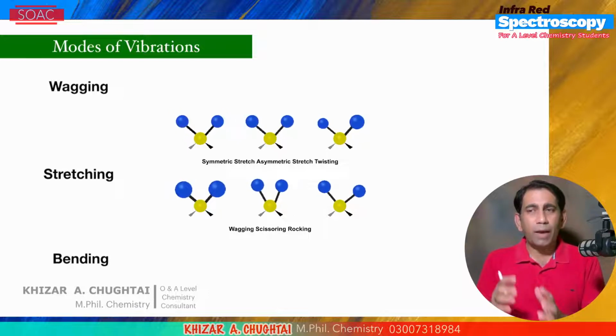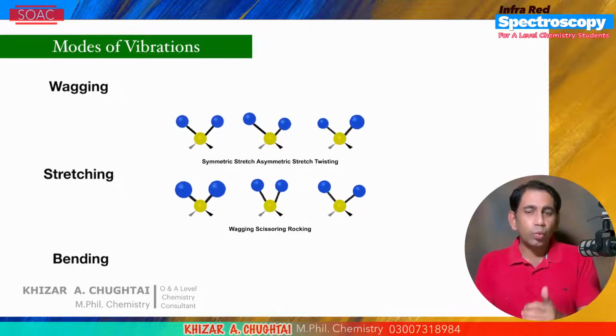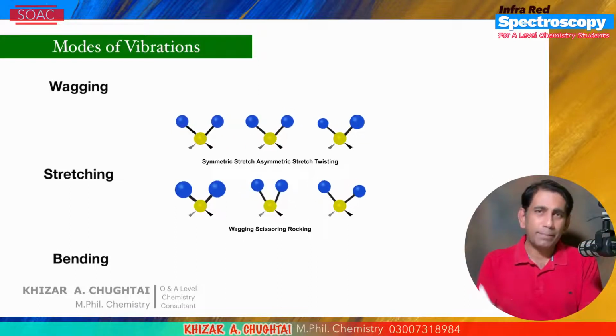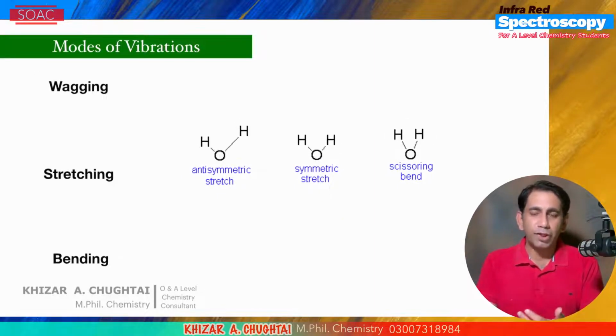So what is the basic function? When they are allowed to react with chemical bonds, they hit the chemical bond and change the amplitude or the nature of the vibration. So after absorption of IR radiation, there is different behavior of these chemical bonds.